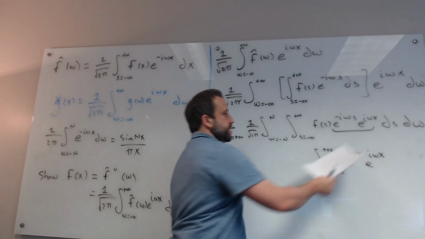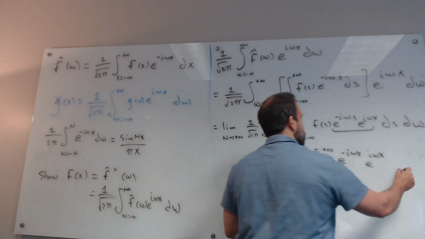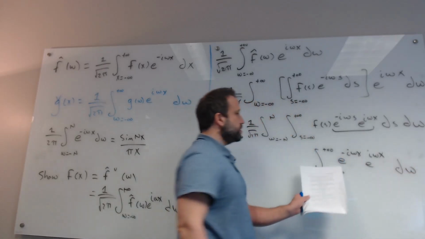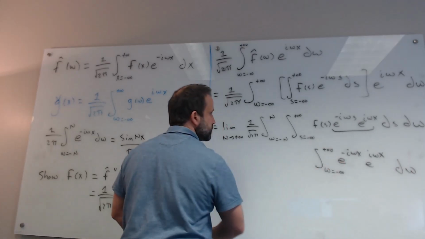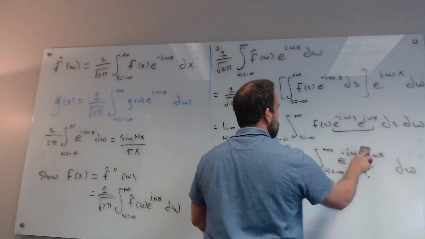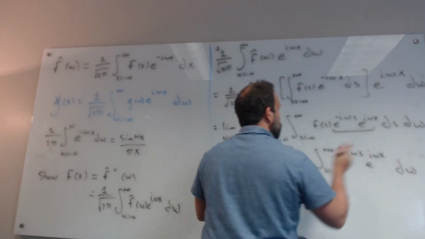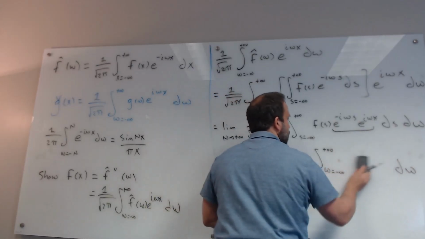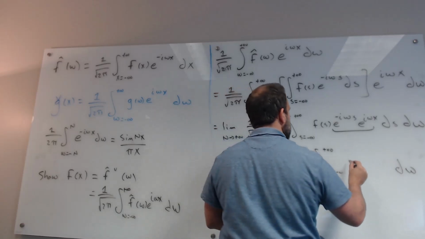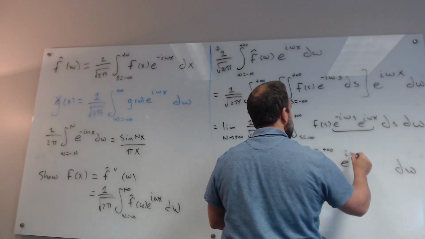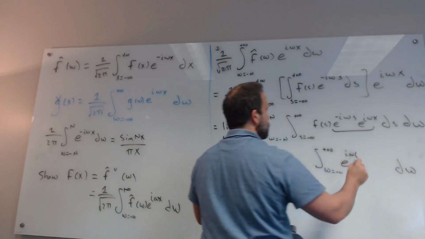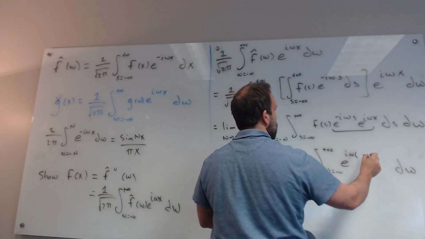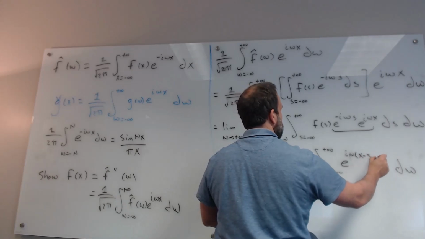Now, whatever this function is, d omega. Now, notice this is an exponential function. We can combine this, this is I omega s here. We can combine this into one exponent, and we have e to the I omega times x minus s.